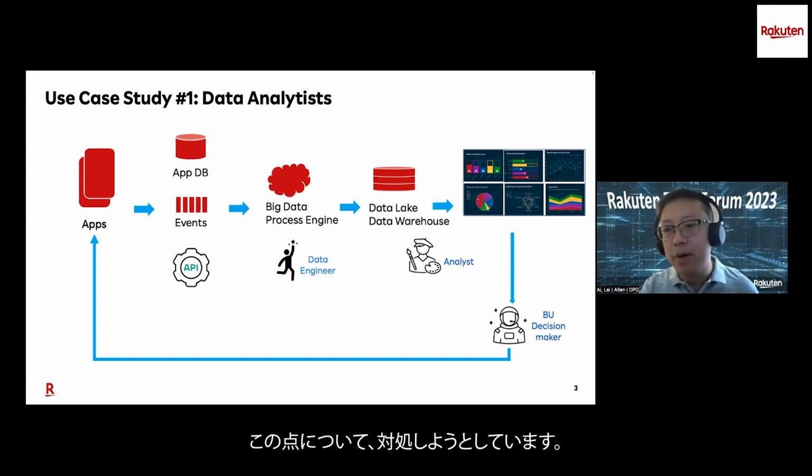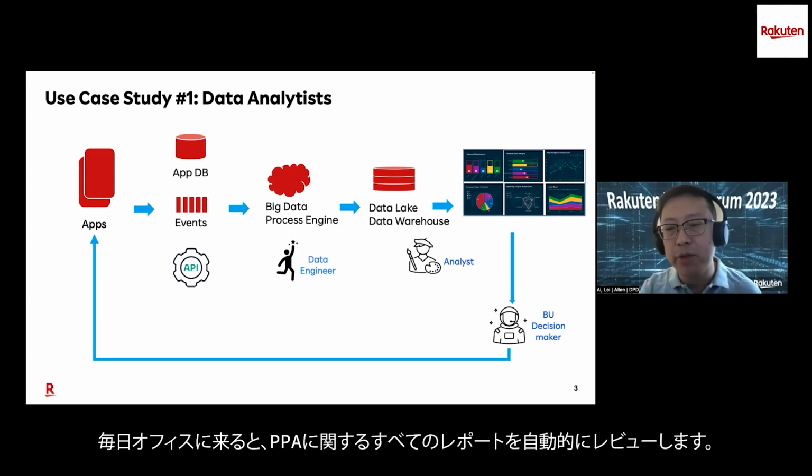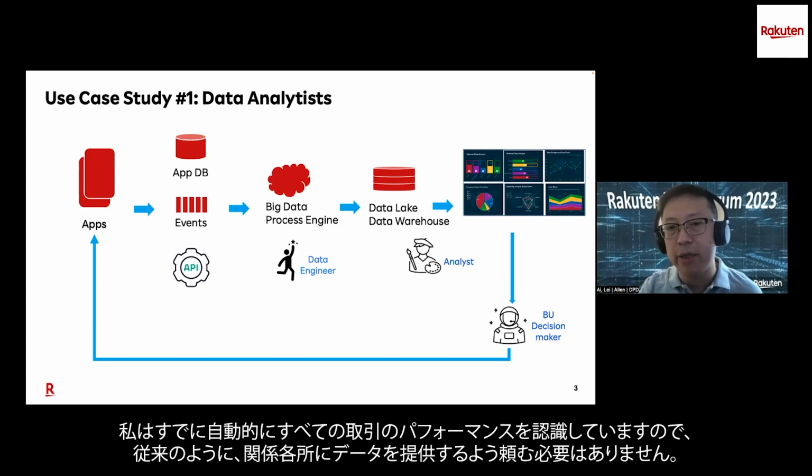With the data platform's help, a business owner who comes to the office every day can automatically review reports regarding the KPIs and the performance of the BU, whatever you want to measure. You do not need to ask people again and again to give you data, right?